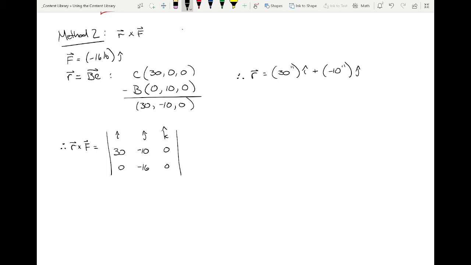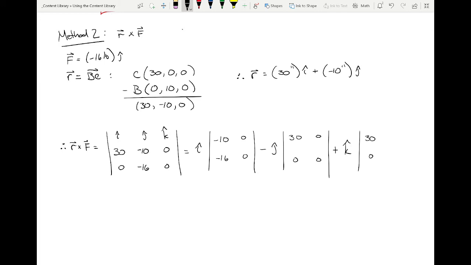So cofactor expansion, cross out the rows and columns, minus j, cross out the rows and columns, sorry, hold on, plus k, cross out the rows and columns. And let's see what we get.